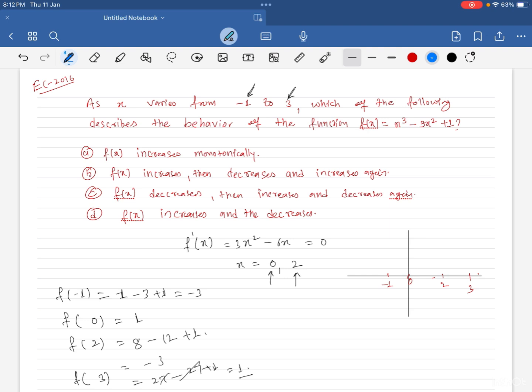So the slope of the function would be 0, right? At each of these points the slope of the function would be 0. And you see the value at f of 0 and the value at f of 2 should be somewhere here, right? So in this range the function is maybe decreasing, something like that.